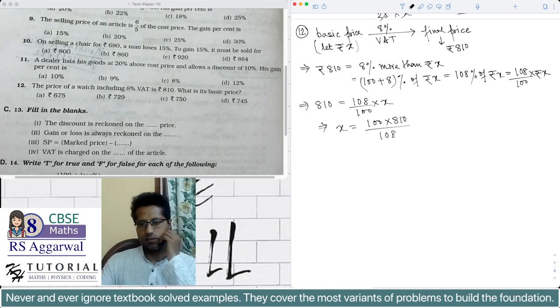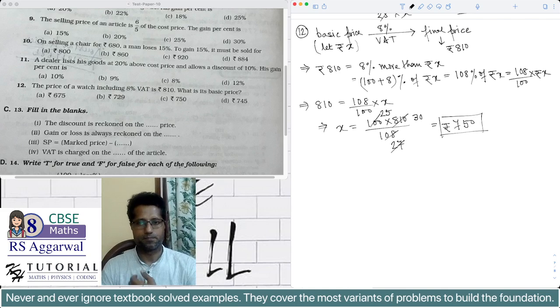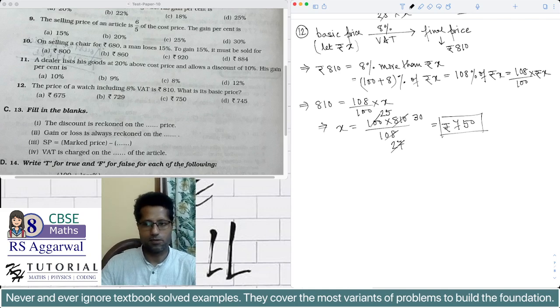So 4 divides 108 with 27, 4 divides 100 with 25, and 27 divides 810 with 30. So this is equal to 750. Rupees 750 is the basic price, and hence the correct choice is C. C is the correct choice.